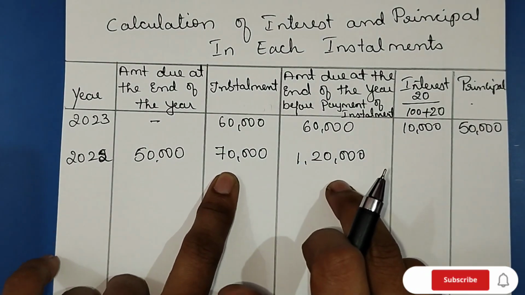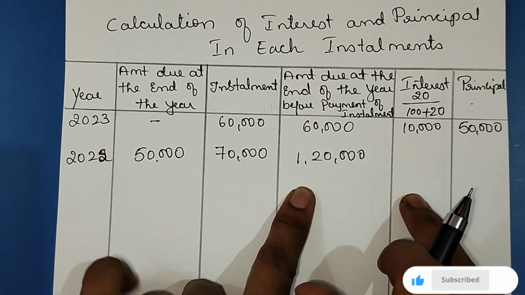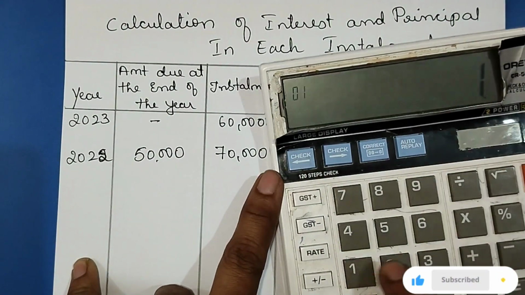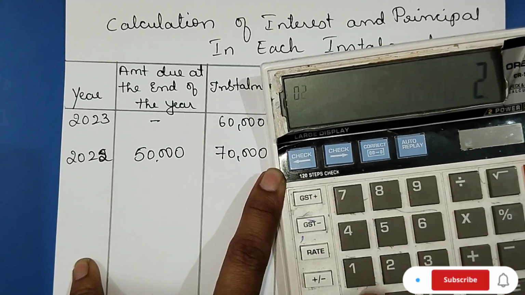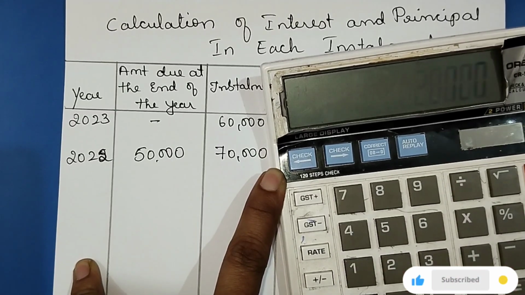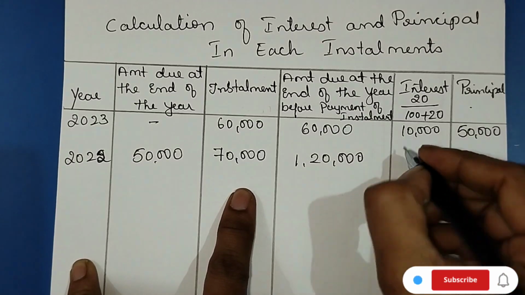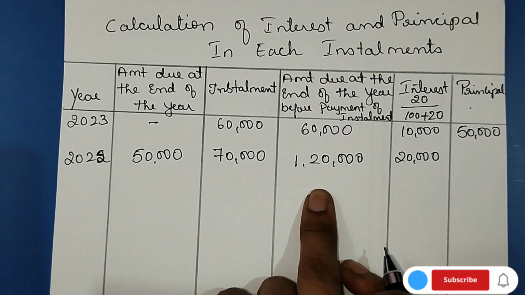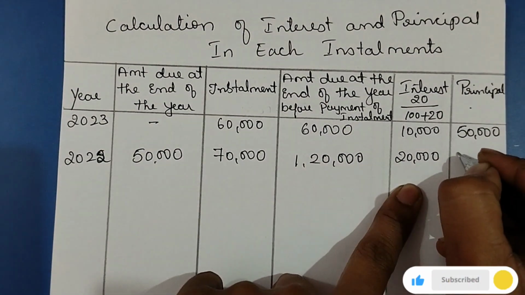On this amount, we are calculating interest. 1,20,000 into 20 divided by 120 is 20,000 interest. 1,20,000 minus 20,000 is 1 lakh.